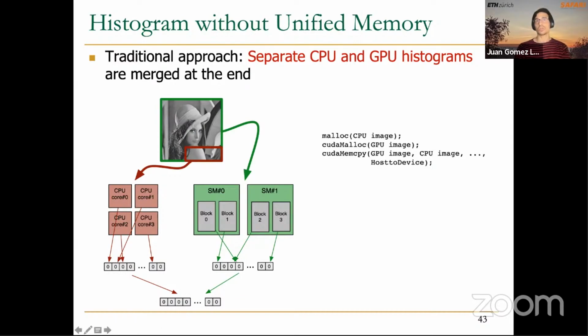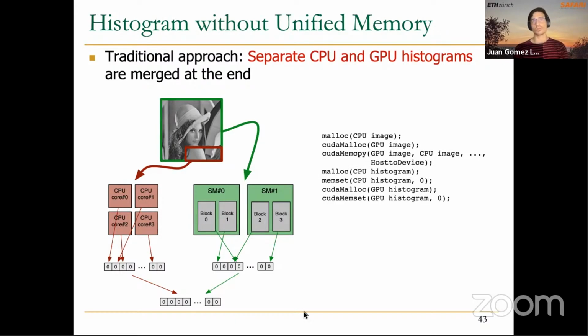So the way to do this with the traditional approach is we need to allocate the memory space for the corresponding part of the image on the CPU, the corresponding part of the image on the GPU. We have to copy the input image from the CPU to the GPU. We also have to double allocate for the output histogram on the CPU and the GPU.